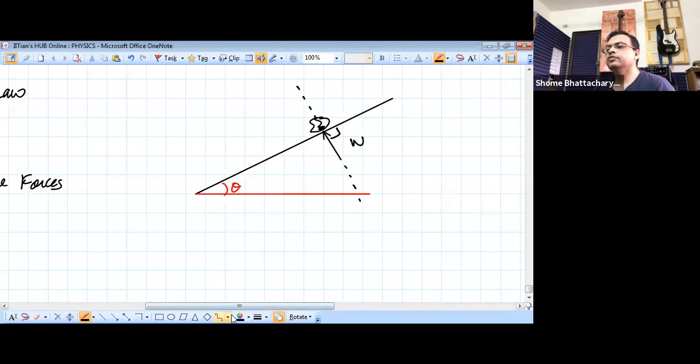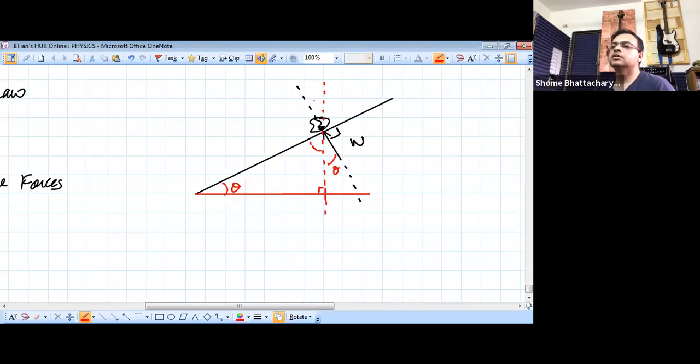Okay. So if at that point where the normal reaction is acting, you just draw a vertical axis like this, you'll see that this is forming a right angle triangle. So this angle is how much now? It's 90 minus theta. So this angle has to be theta.